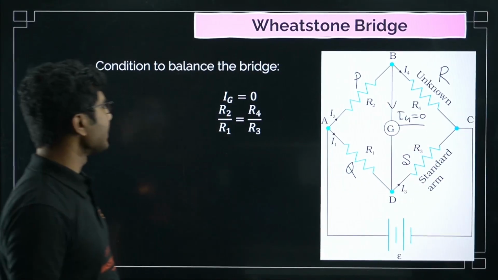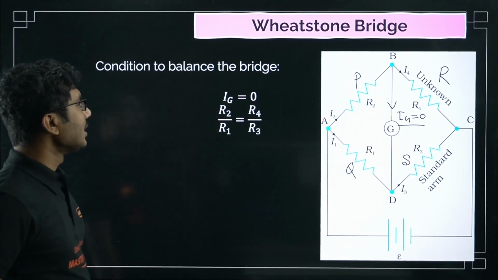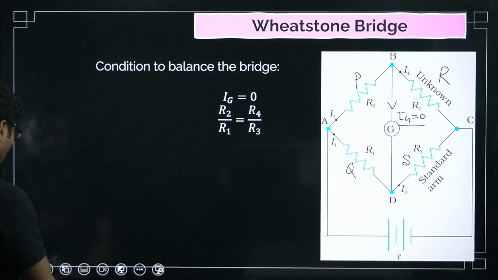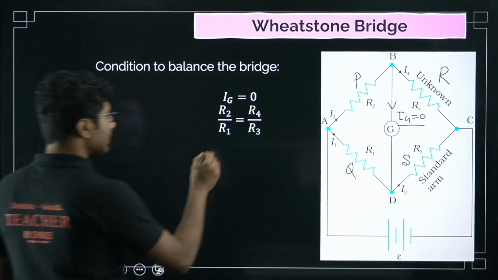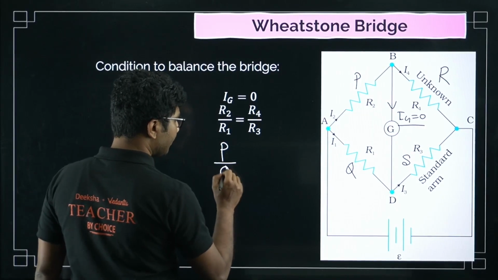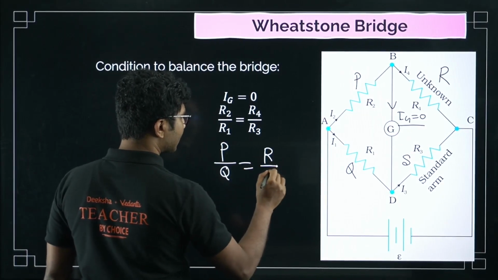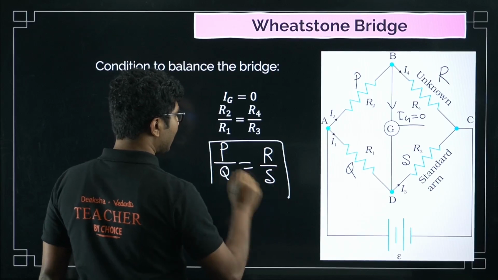In terms of resistances, it is R2 by R1 equal to R4 by R3, or what I like to write is P by Q equals R by S.